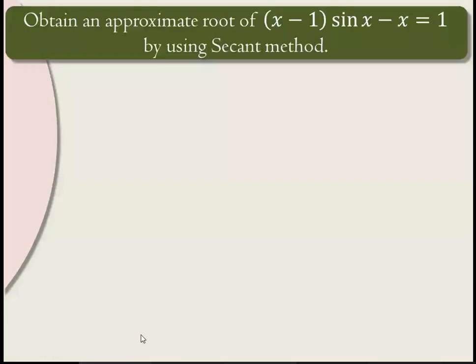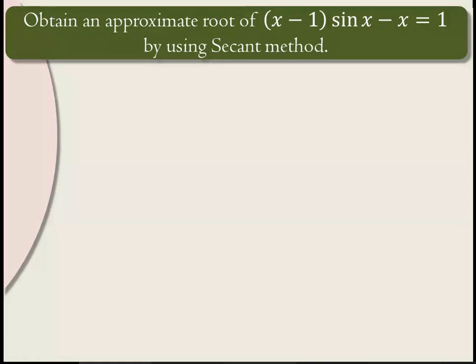Obtain an approximate root of (x minus 1) sine x minus x equal to 1. Now carefully look at the problem. Here it is not equal to 0, so what to do? Firstly, take all the terms on the right hand side to the left hand side, and then take that whole expression as f of x.